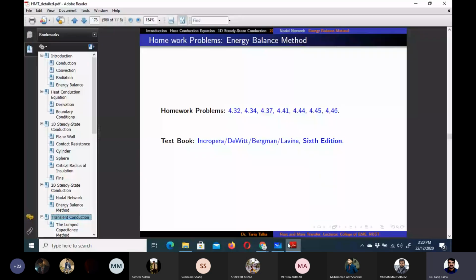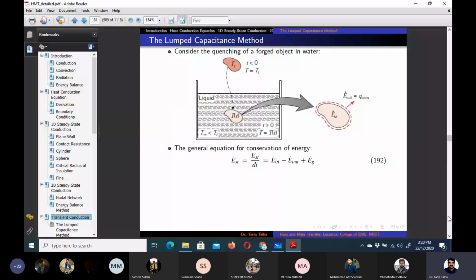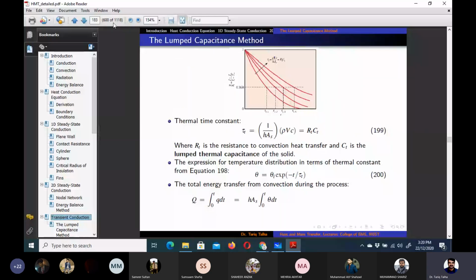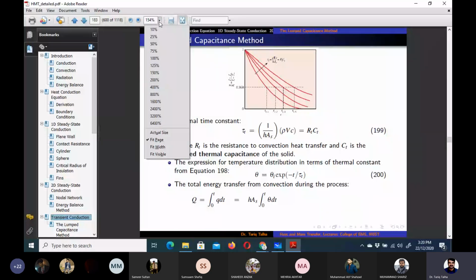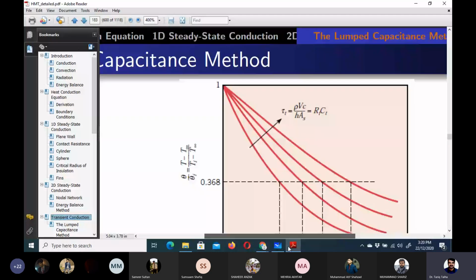So let me show you that graph. Here it is. If I make it a little bit more, maybe 400 would be good. I think now we can see it more clearly, right?